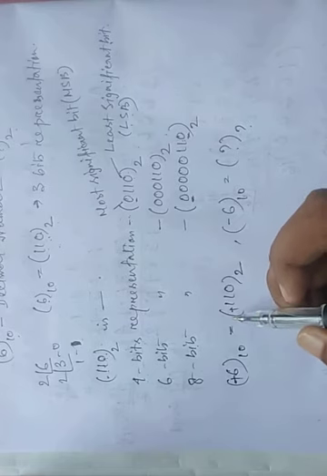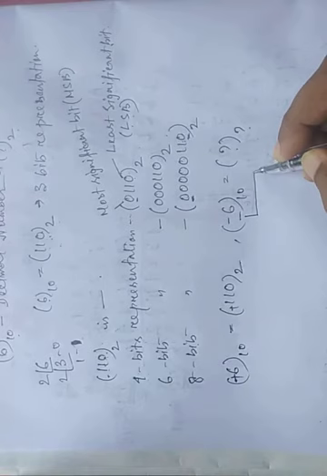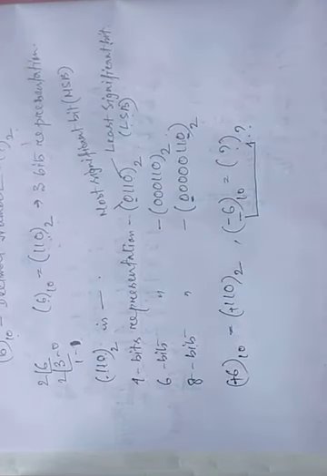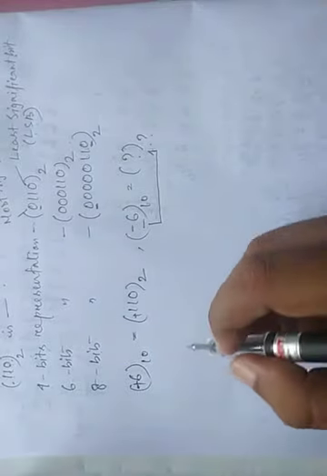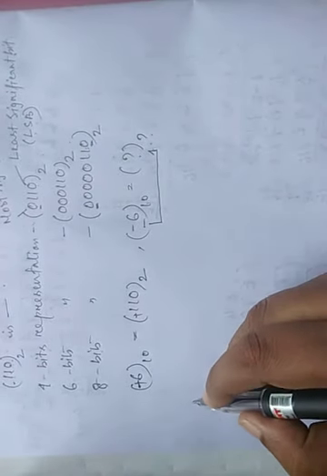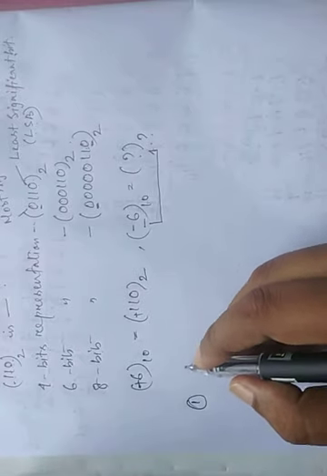There are 3 rules to get any number in its negative form in the binary number system. We are going to learn them one by one. The first rule is sign bit representation.